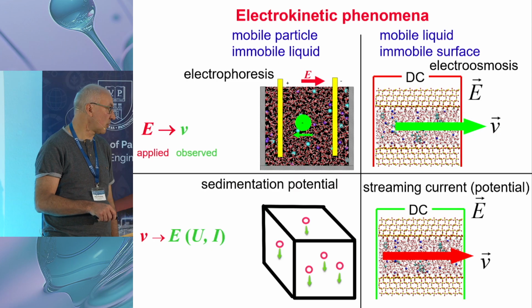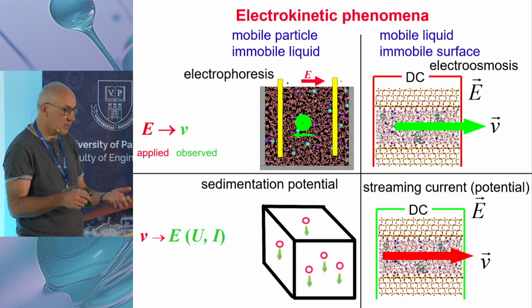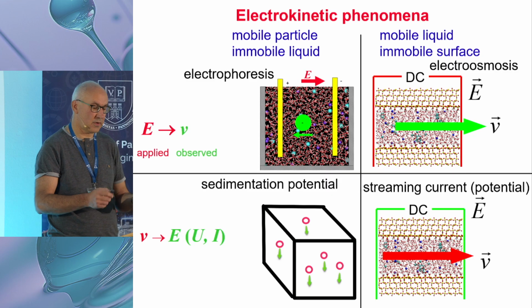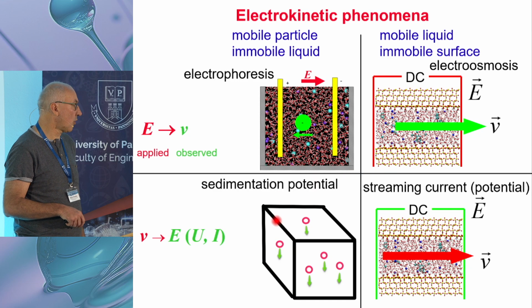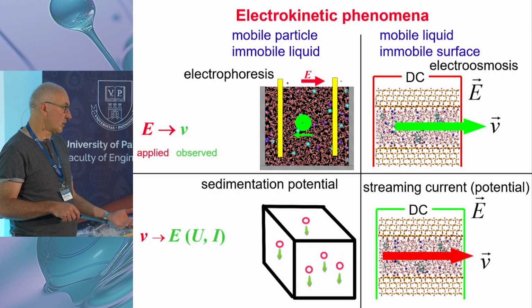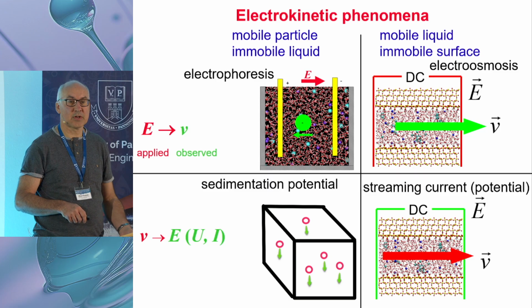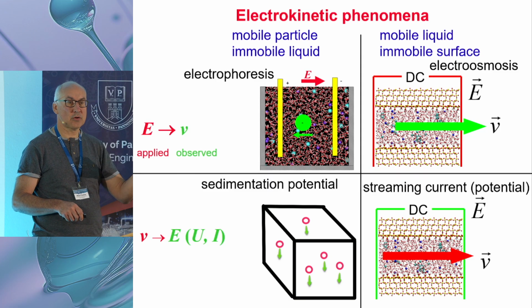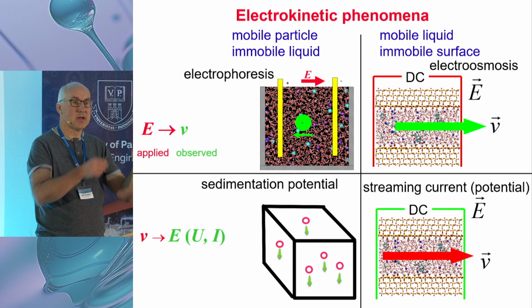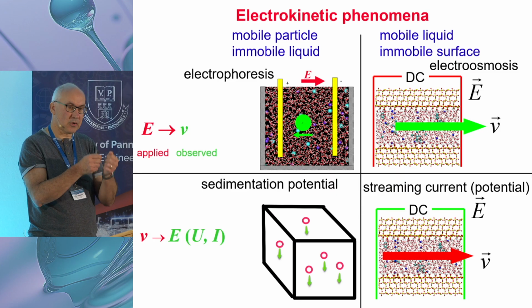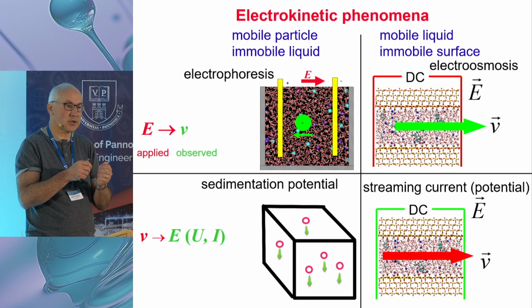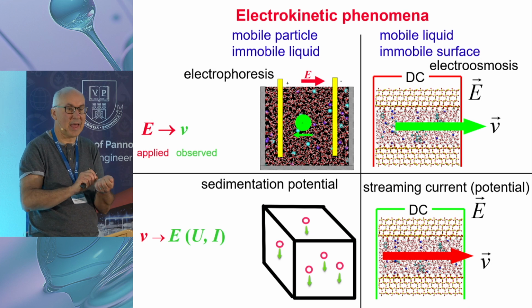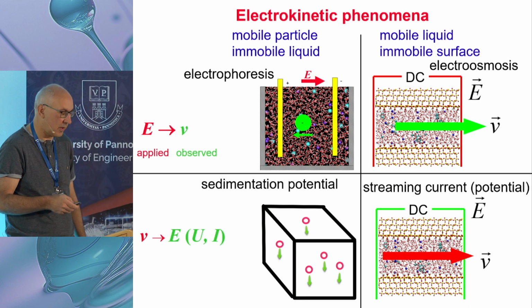And there is this bottom row, which again is still about relative motion of oppositely charged phases. If you have a colloidal solution, the particles can sediment just due to gravitation, and you have charged colloidal particles which sediment. Some charge will be very closely moving with the particle, and some part of the charge will be a bit mobile, will lag a bit behind the motion of those particles.